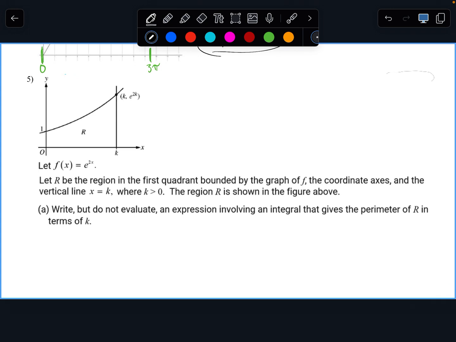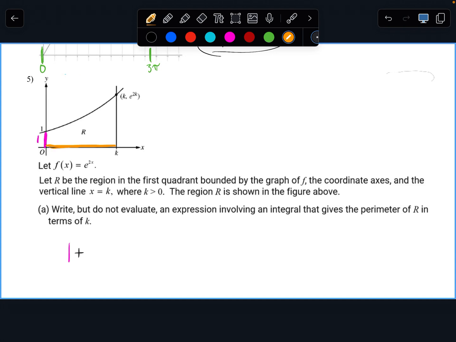To find the perimeter, I only need an expression, so I don't have an equal sign. This part is just plain 1, because it's just a length. So it's going to be 1 plus, and then, wait, I'll do rainbow, this length.